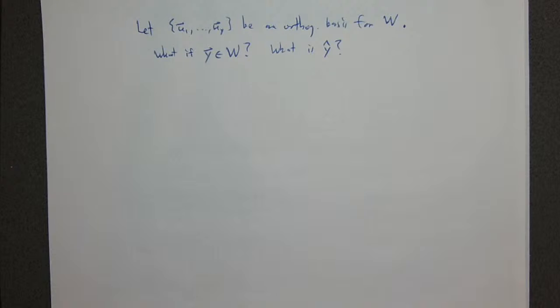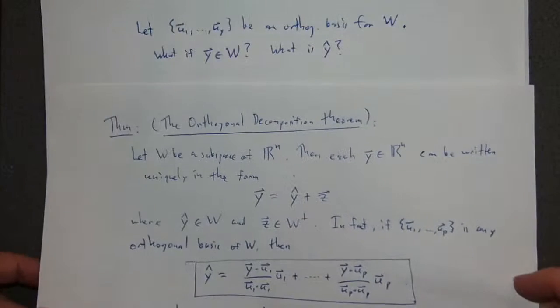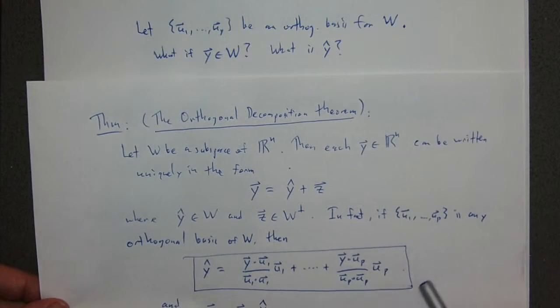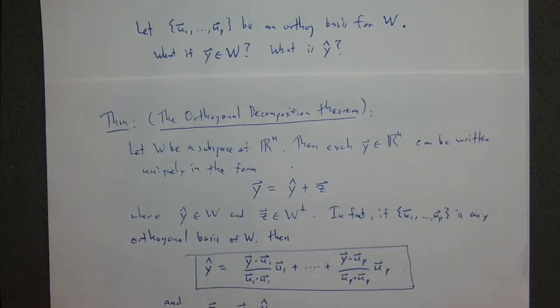Well, if we actually look at this formula, then what do we get if y is actually in W? What we get is that this formula is exactly the same as the formula in the nameless theorem.